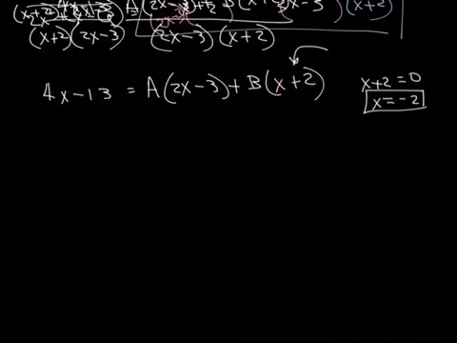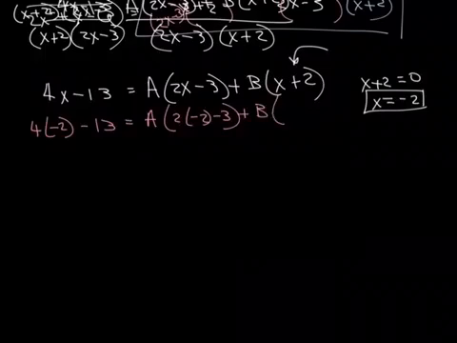So I'm just going to rewrite everything with negative 2. 4 times negative 2 minus 13 equals a times 2 times negative 2 minus 3 plus b. So that goes away.